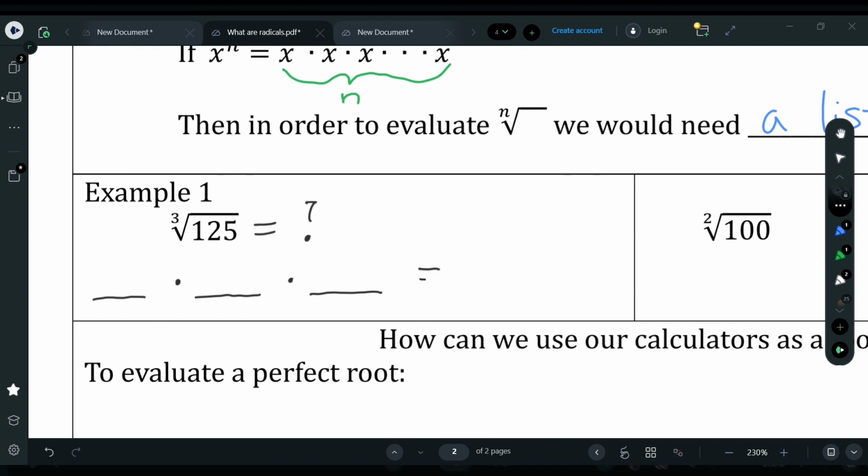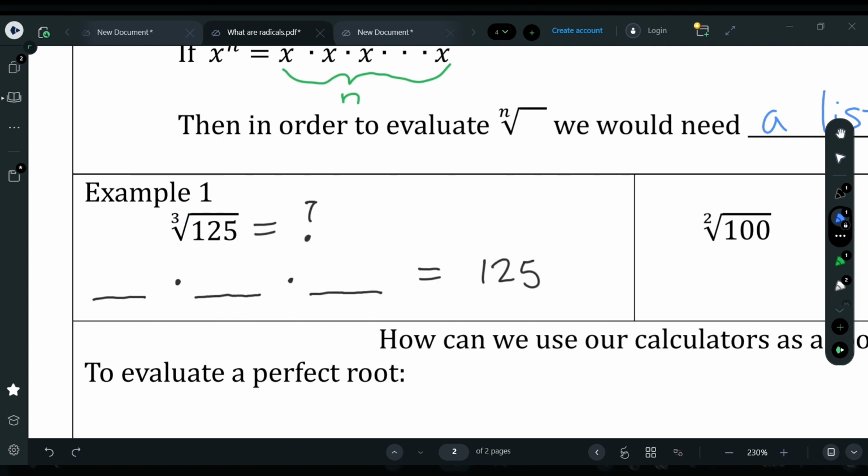What number times itself 3 times equals 125? So fill in the blank. These are blank spaces. You've got to fill in the blank with the exact same number in each space. I wrote 3 spaces because the root is a 3.